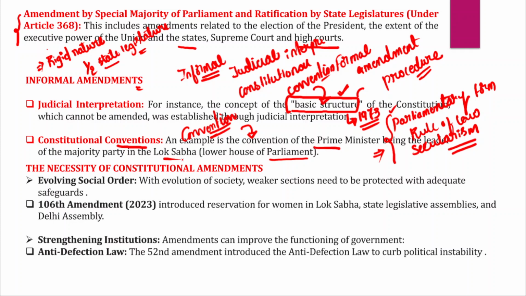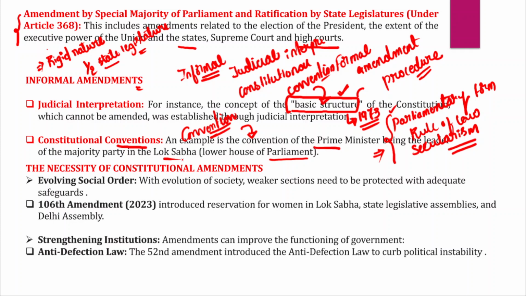So we have understood the formal amendments which are being done to the Indian constitution, and informal amendments also. Now we will understand the necessity of the constitutional amendments. Why does the constitution have to be amended? What is the reason?